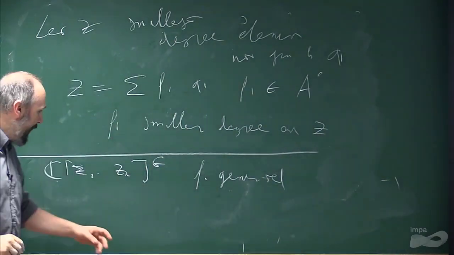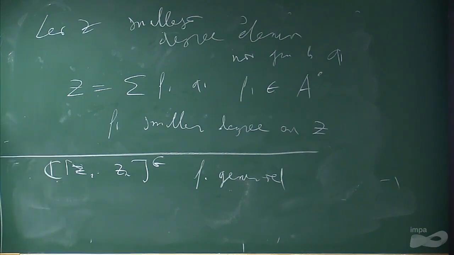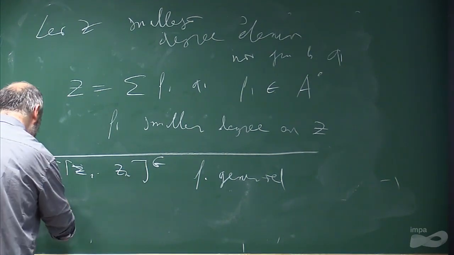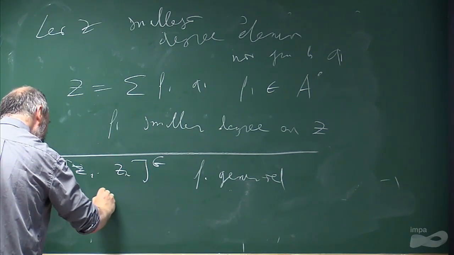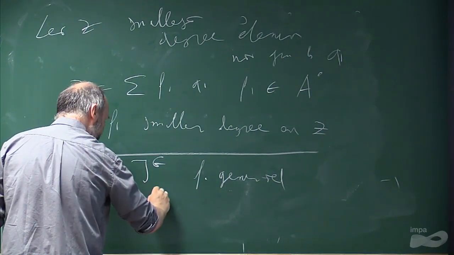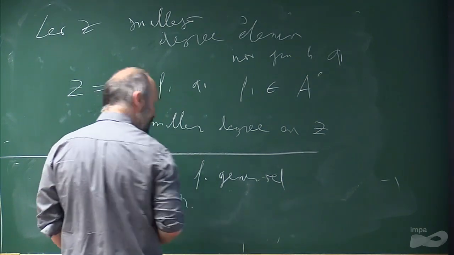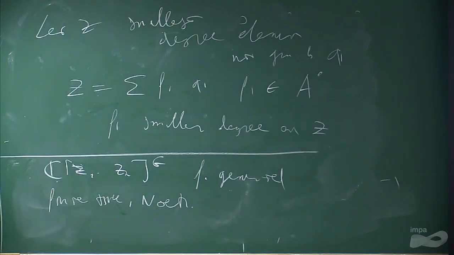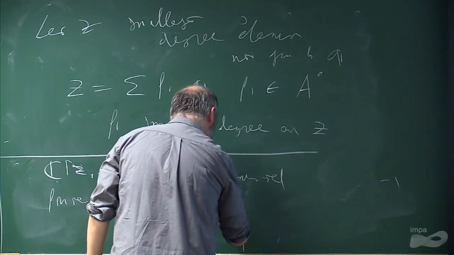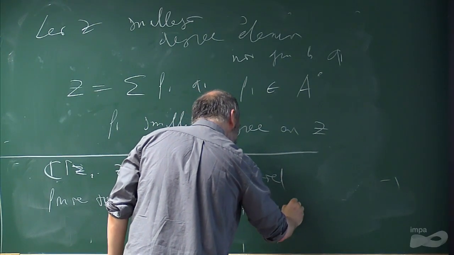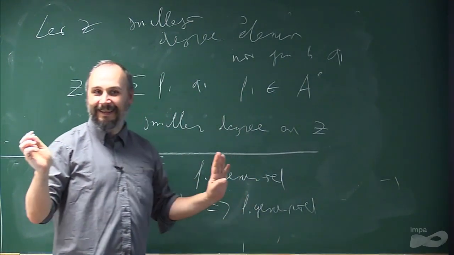Okay, so this is Noetherian, as we proved, and this is finite type. It's finite type and Noetherian, so by claim 1, it's finitely generated. Clear?